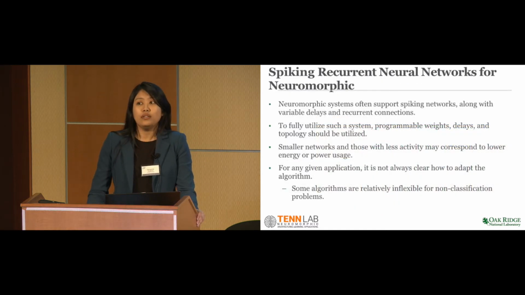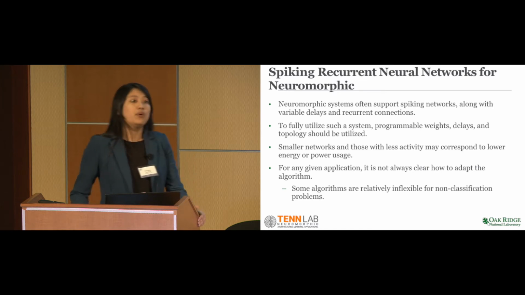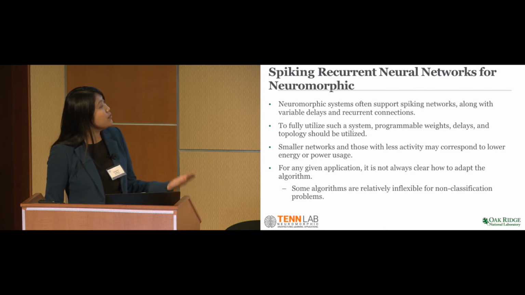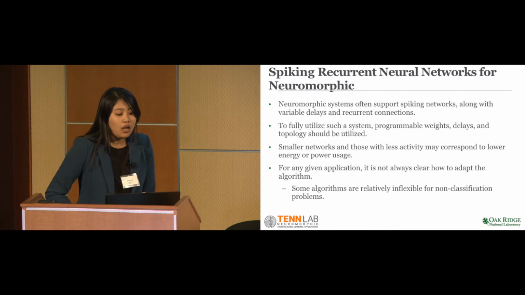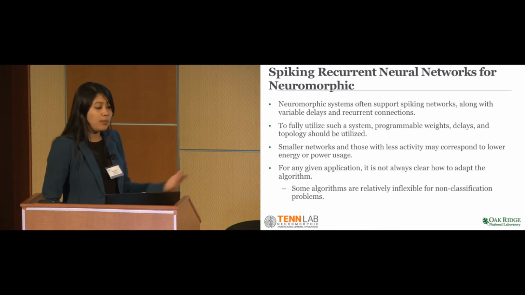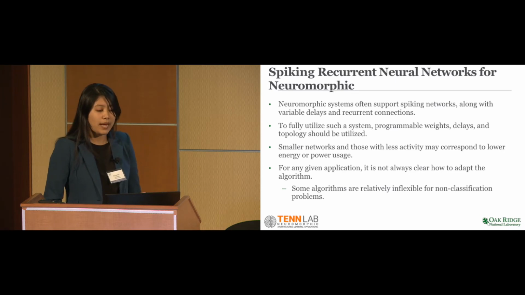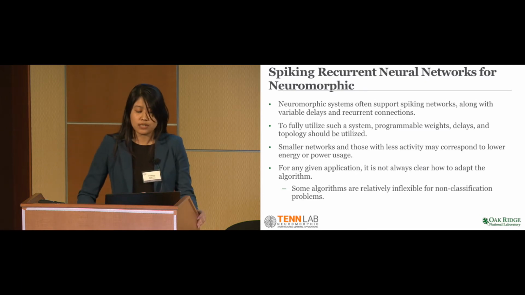Now we know the possible algorithms for our training. So let's talk about how the neuromorphic system we are using correlates with a spiking recurrent neural network. We all know that the neuromorphic system supports spiking networks along with variable delays and programmable connections.